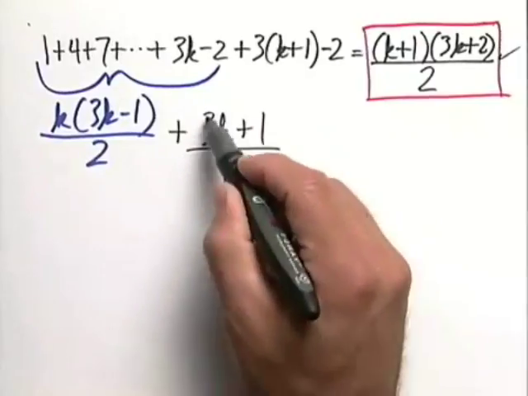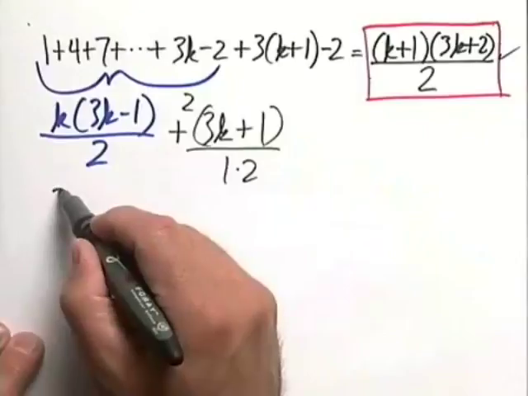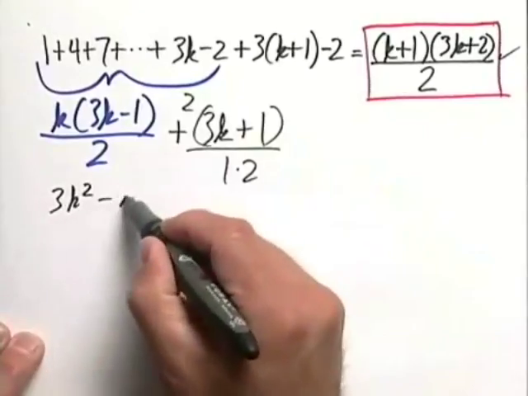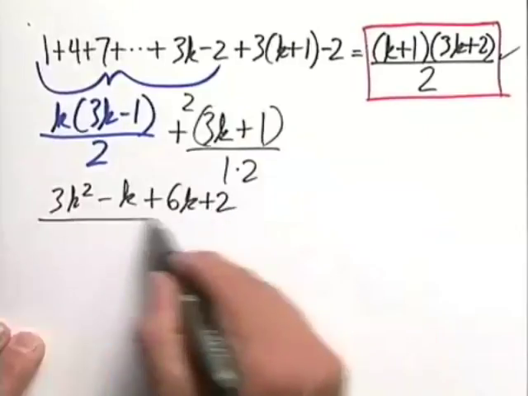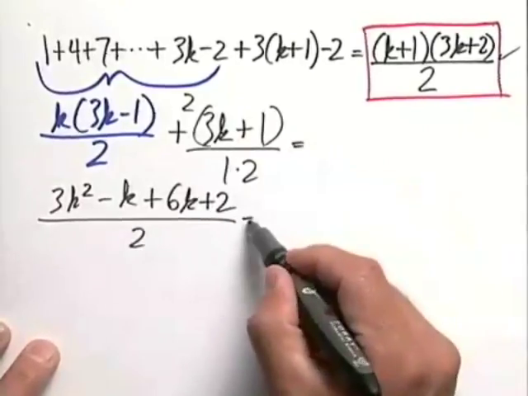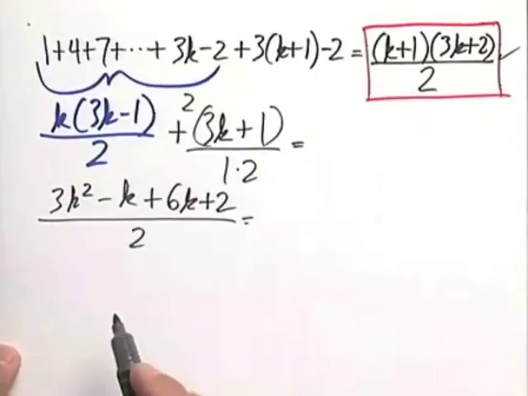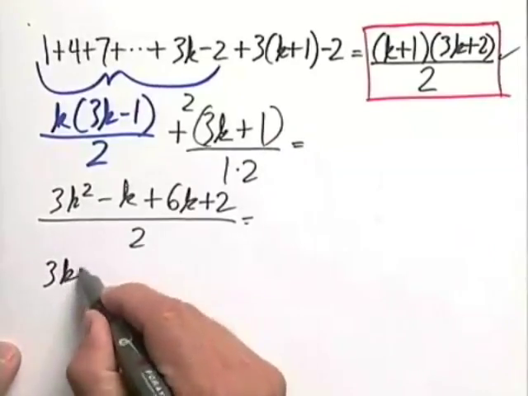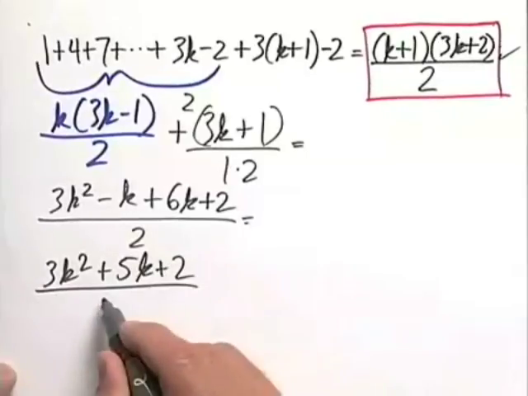So I'll just multiply top and bottom here by 2 so that we can simplify. And so from this we get 3k squared minus k plus 6k plus 2, all over 2. Remembering that our goal is to end up with something like this fraction on the right. So simplifying further, we end up with 3k squared plus 5k plus 2, all over 2.